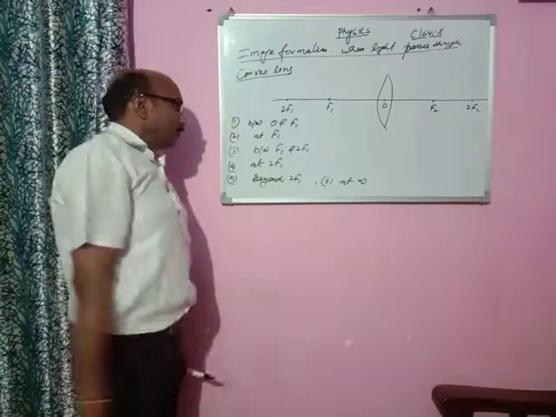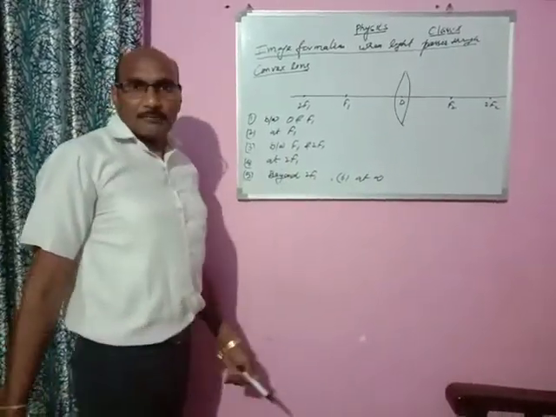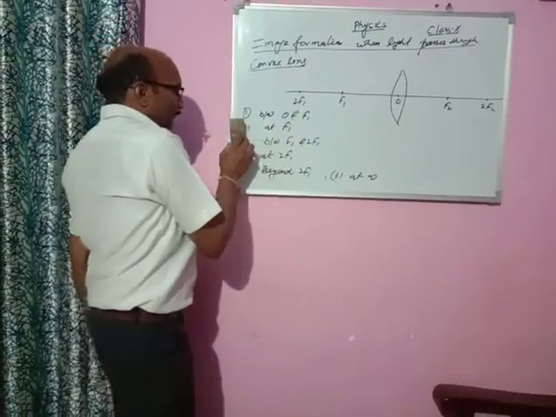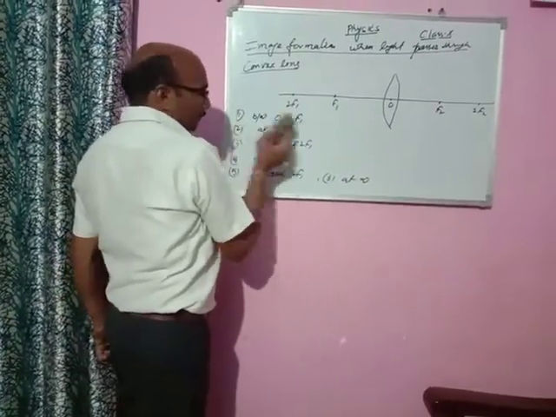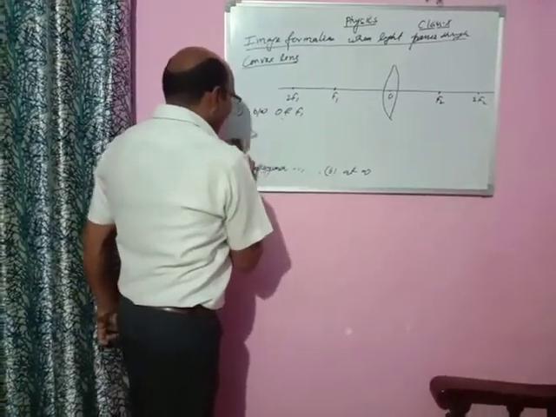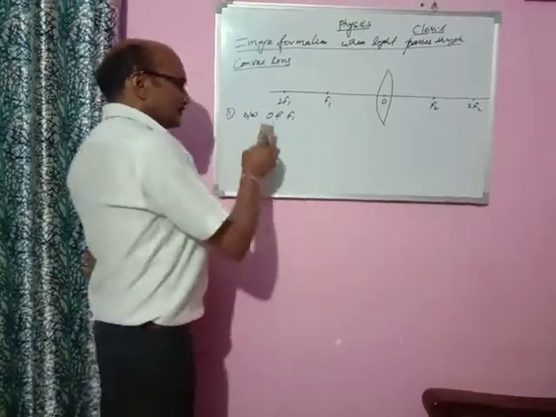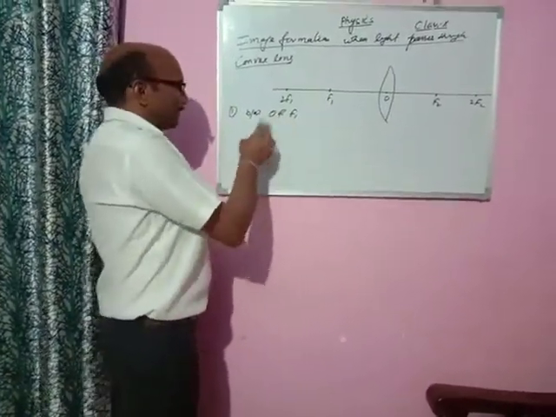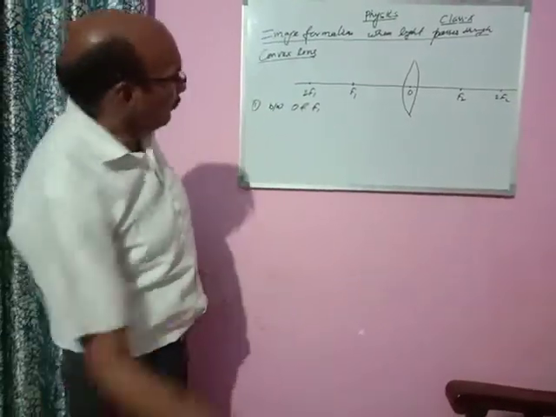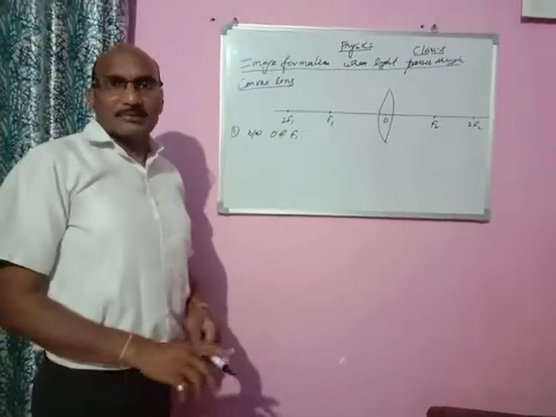I will start with how the image is formed when the object is kept between O and F1. I will erase all this because my board is smaller. Let me recall all 6 conditions. These are the 6 possible conditions where the object can be kept. No other conditions are possible because the whole space is covered by these 6 conditions.